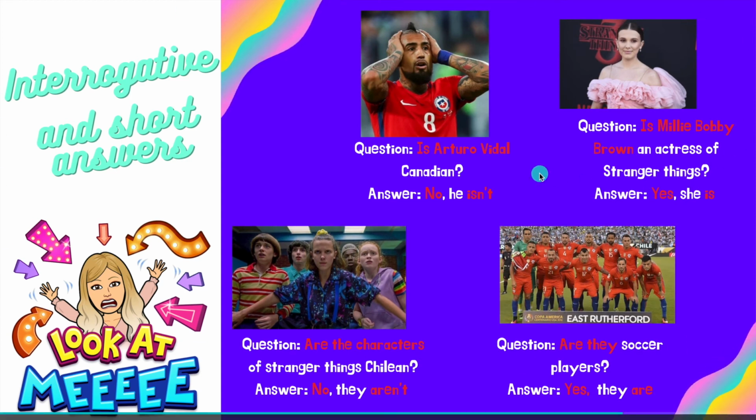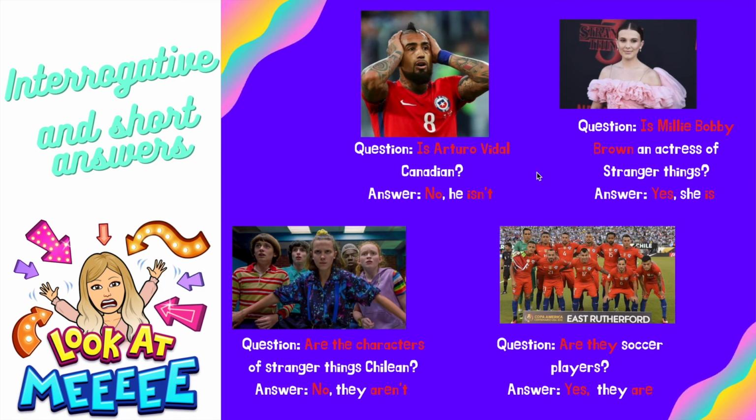Okay, and now we are going to talk a little bit about questions. And here I have some other pictures that are going to be very familiar to you. For example, is Arturo Vidal Canadian? And the answer will be no, he isn't, because Arturo Vidal is Chilean. Then we have, is Millie Bobby Brown an actress of Stranger Things?